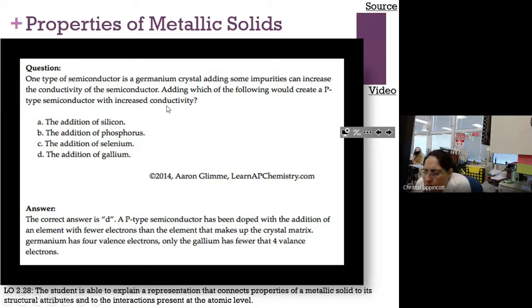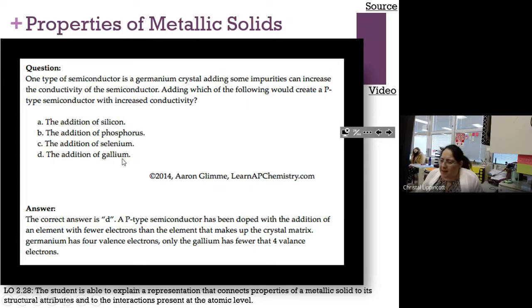So that makes sense because it would lose electrons or gain electrons, right? So D is going to be the answer, which is gallium. Silicon, phosphorus, germanium, they all have more electrons. Gallium's the one that has fewer electrons. So that one would lose the 3. So that would make sense, right? I mean, based on what you just said, that one would make sense.